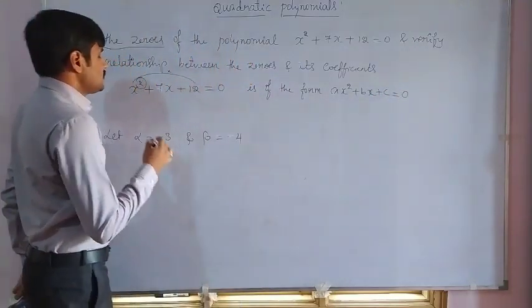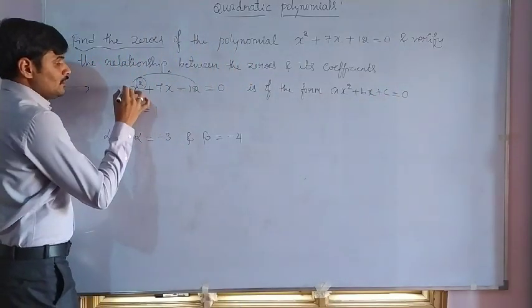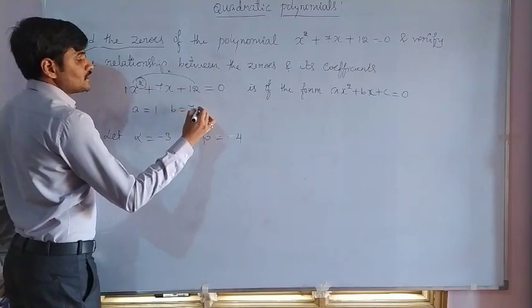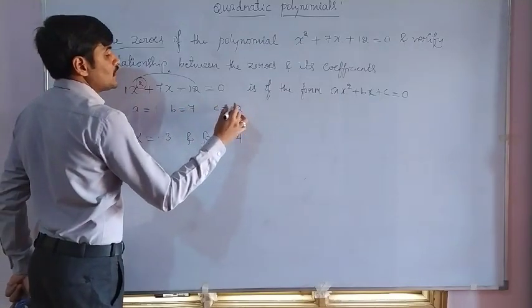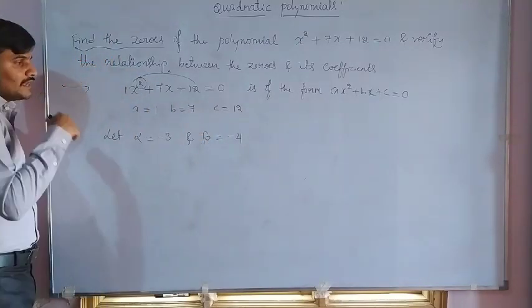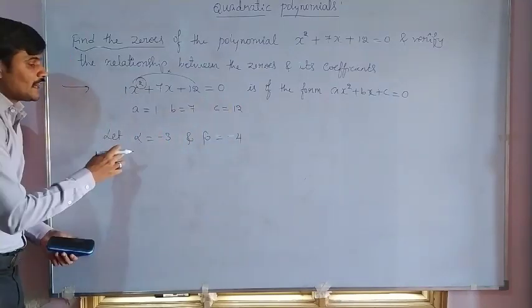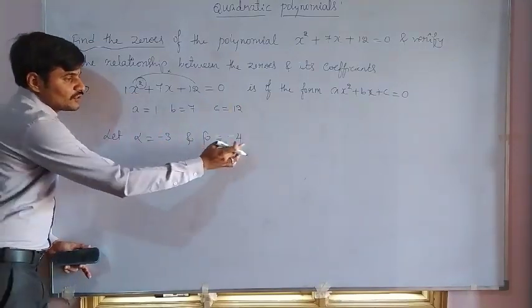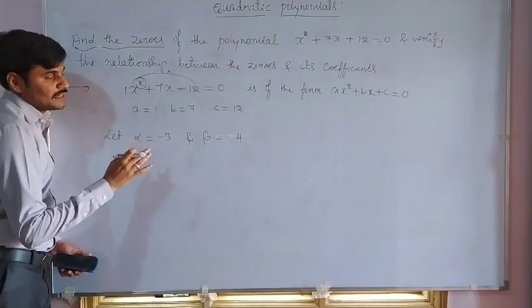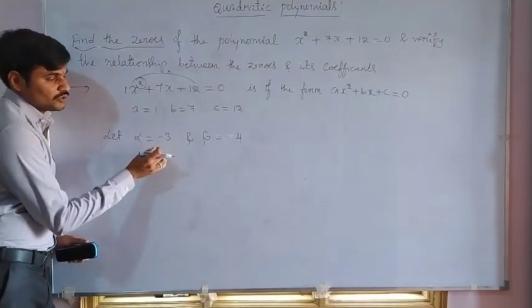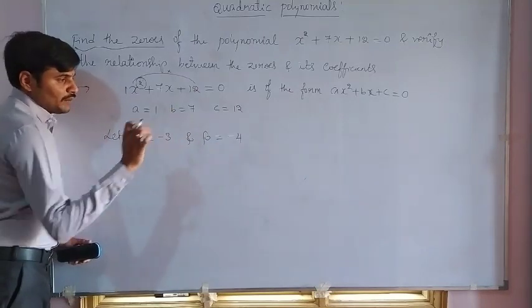So here a is equal to 1, b is equal to 7 and c is equal to 12. All are plus only. So alpha is minus 3 and beta is minus 4, as we got by splitting the middle term and factorizing.